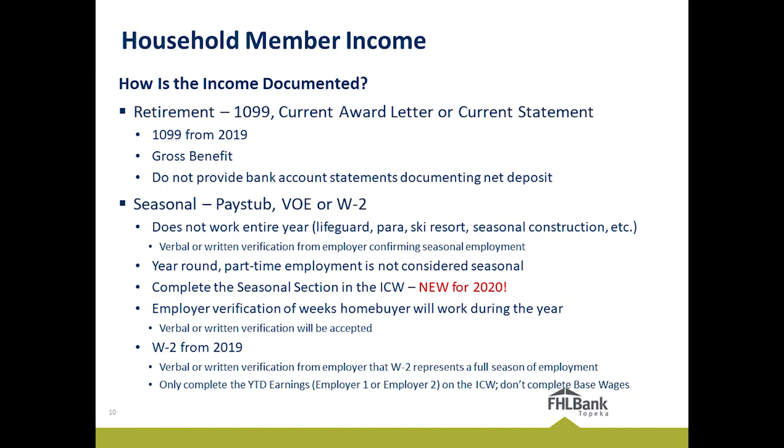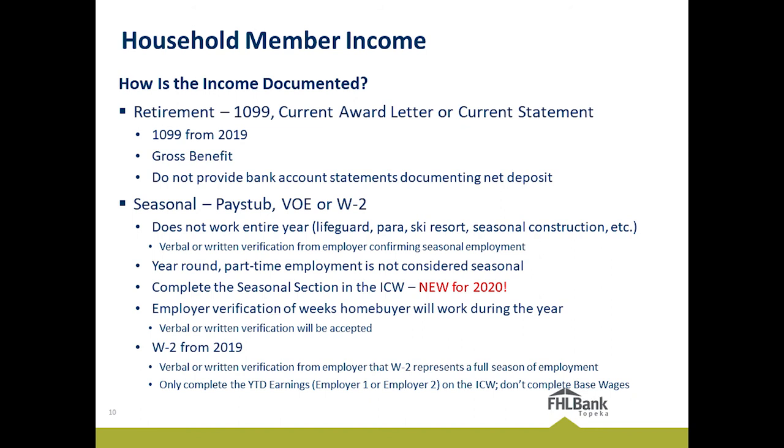For example, if the household member is a school district para and was employed as a para from January 19 through December 19, the W-2 can be provided along with employer verification. But if the para started employment with the school district in August of 19 and was not employed by the school district starting January 19, the W-2 cannot be provided as income documentation.